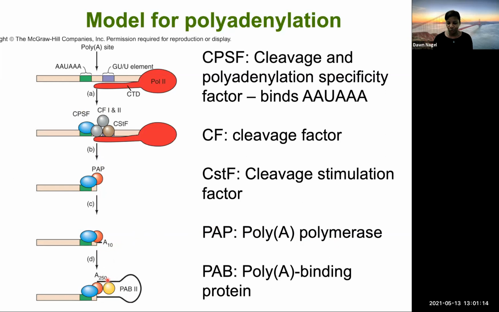And by doing so, you will then be able to recruit this poly A binding protein that also helps to bind to this end to facilitate the next step of this mRNA. So at the 5' end, you will have your poly A binding protein that gets recruited because of that cap. At the end of this poly A site, you have this poly A binding protein that gets facilitated here.